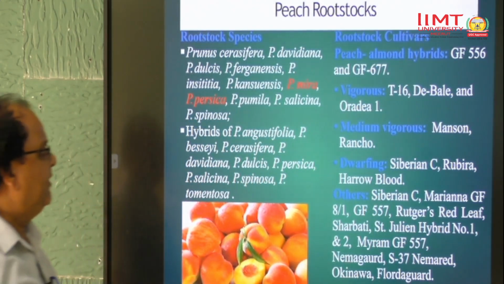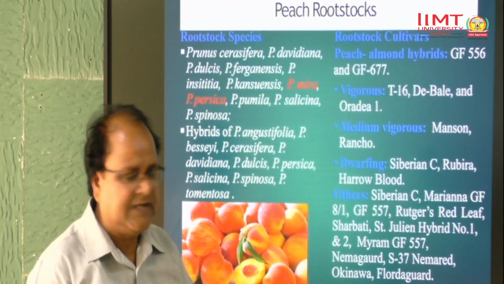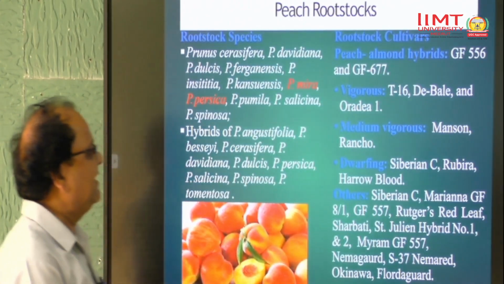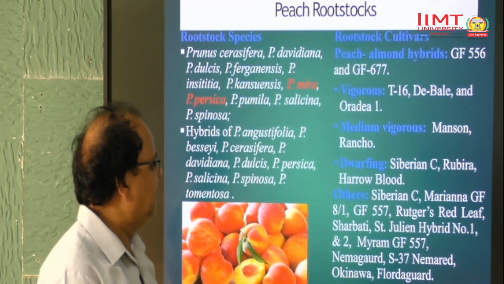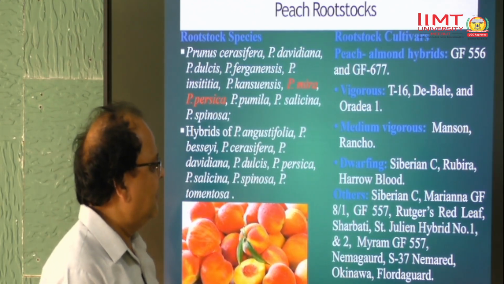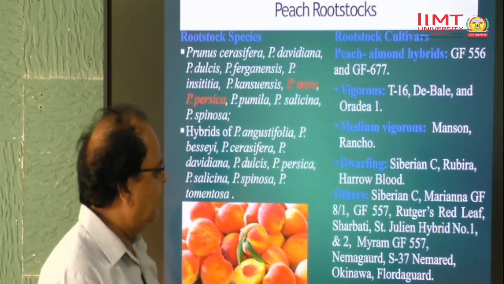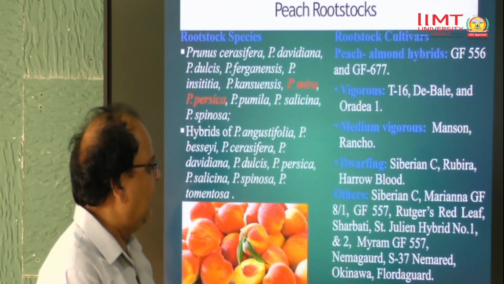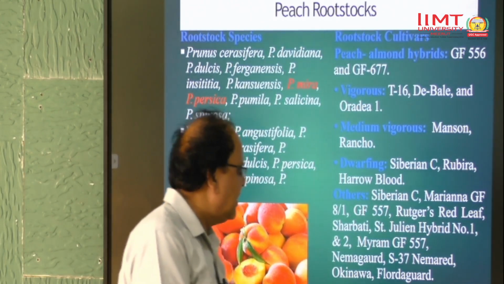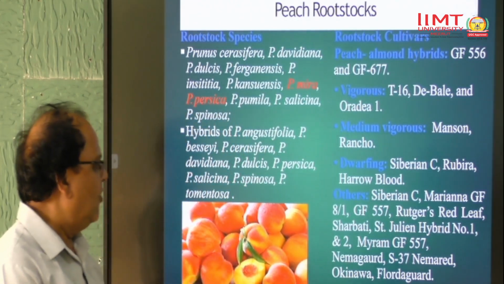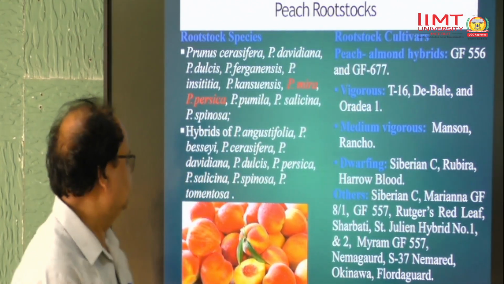For medium vigorous types of fruit plants, Manson and Rancho rootstocks are used. For dwarfing nature, Siberian C, Rubira, Harrow Blood. Others include Siberian C and Mariana GF 8/1, GF 557, Rutgers, Red Leaf, Sarvati, Saint Julien hybrid number 1 and 2, Myrobalan, GF 557, Nemaguard, S37, Okinawa and Florida Guard. These are very important rootstocks used for the peach.